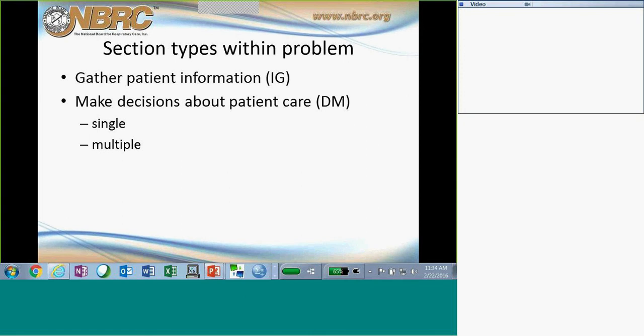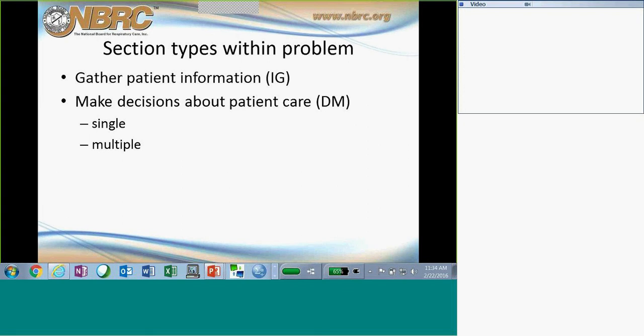While making decisions, you'll see that there are 2 types of sections inside of the decision-making sections. One in which the individual is asked to make the single best selection, and then others in which the individual is asked to make multiple selections.